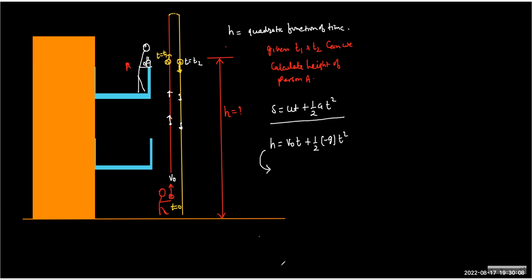How should I write it? Write in the format ax square plus bx plus c, and keep a as positive.